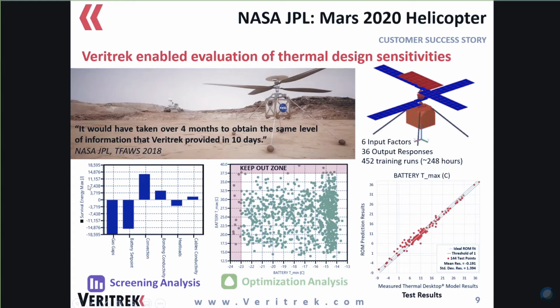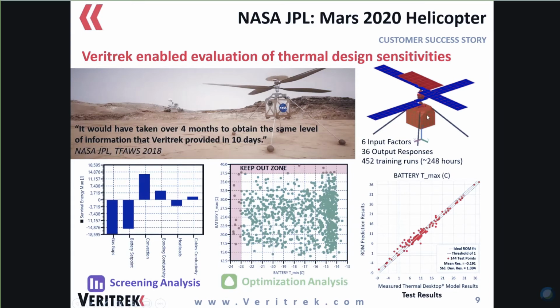So they used Veritrek screening analysis to look at the relative impact that each input parameter had on the survival energy. And they used that information to make a small tweak of lowering the battery set point temperature to accommodate for other uncertainties and make sure that the survival energy was at a place that they were comfortable for the mission.